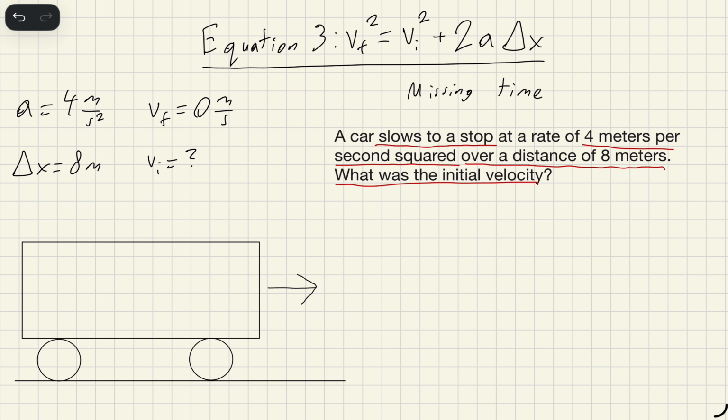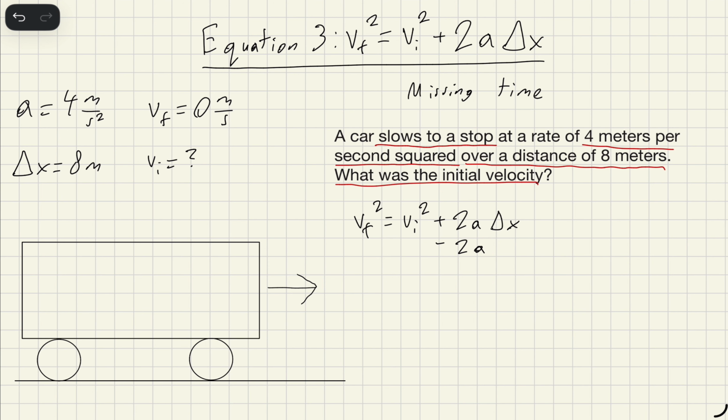So now we know we want initial velocity. We have final velocity, acceleration, and displacement. So this equation works. Let's rewrite this equation to solve for initial velocity. We have final velocity squared equals initial velocity squared plus 2a delta x.